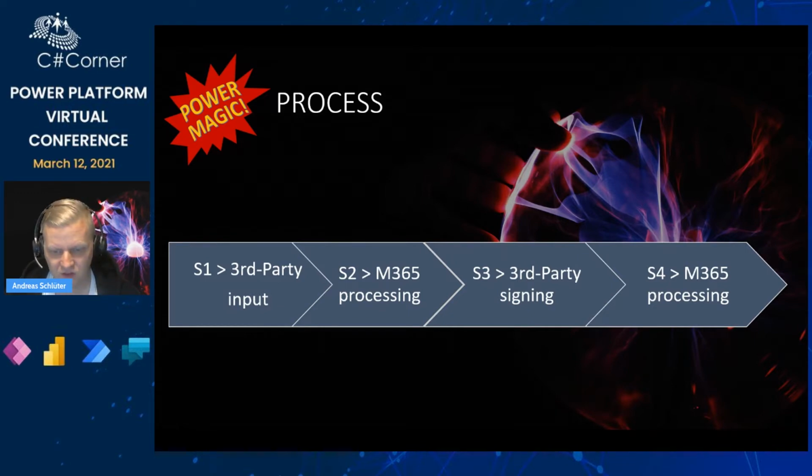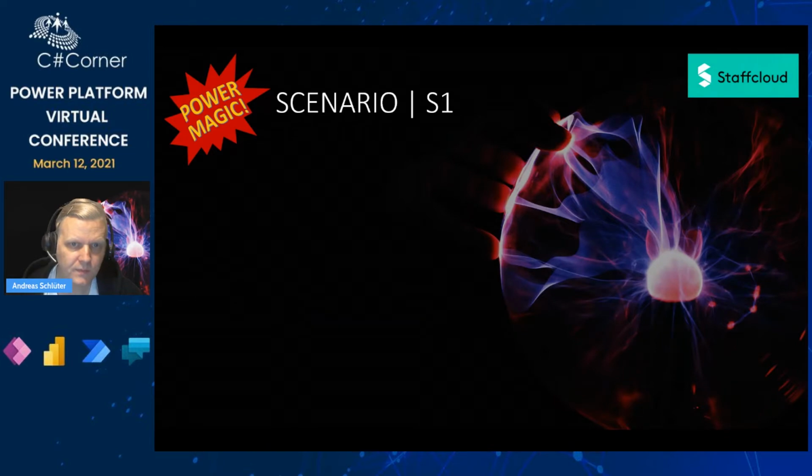In the third step it goes to the third-party e-signature solution, and in the last step, getting back to the M365 world, where it will be stored in a document library and people are notified to move on.